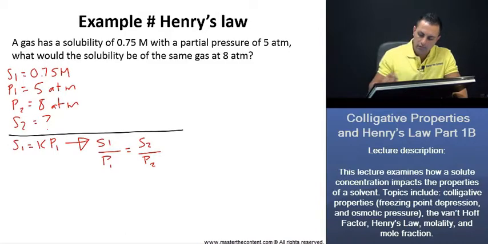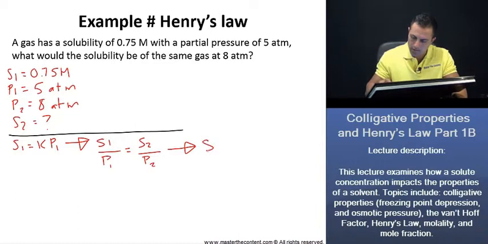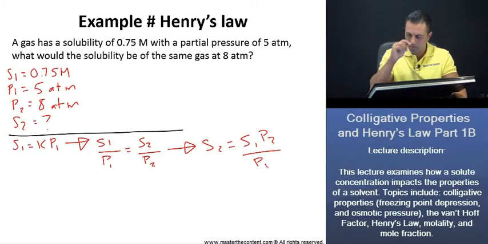Now if we isolate for the value that we need, the solubility at 8 atmospheres, we end up with the following equation, where we have the second pressure over the partial pressure of the initial solubility.